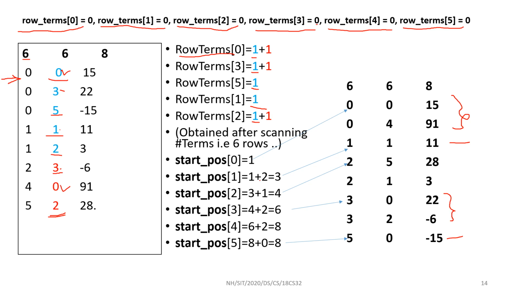The next step is again you start scanning. This is to fix that particular position in the array, to find out the starting position. You assume that the starting position of 0 is 0 initially. I'm sorry, the starting position is 1. Why 1?